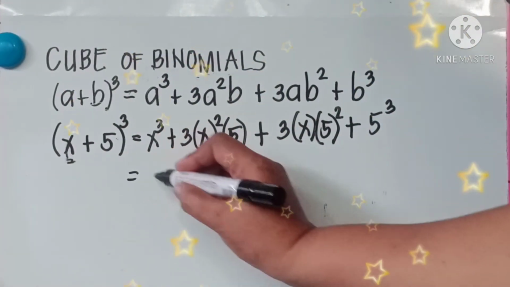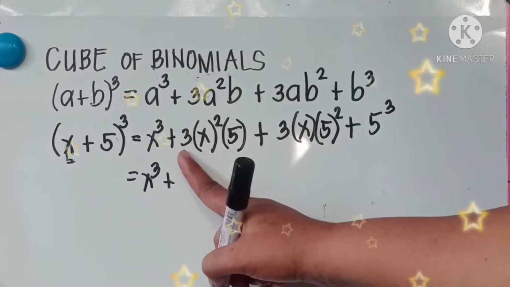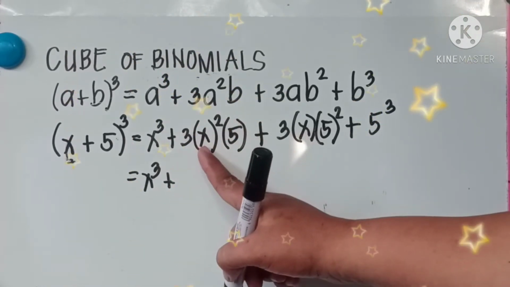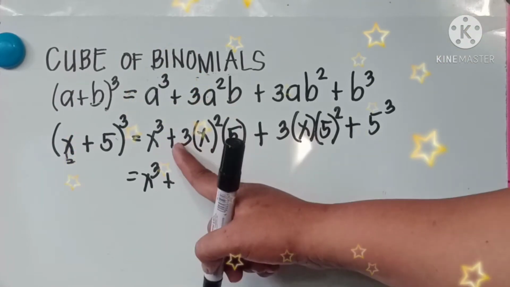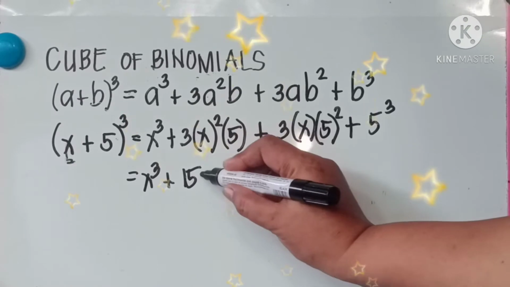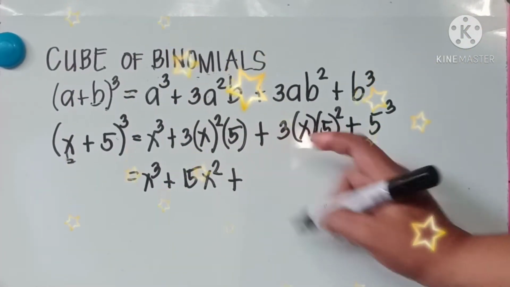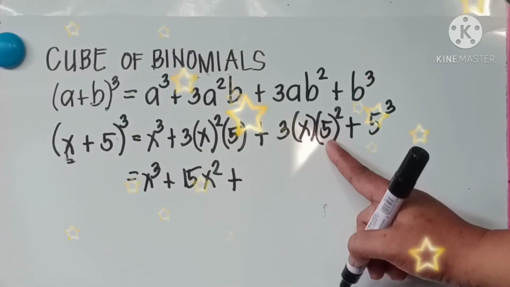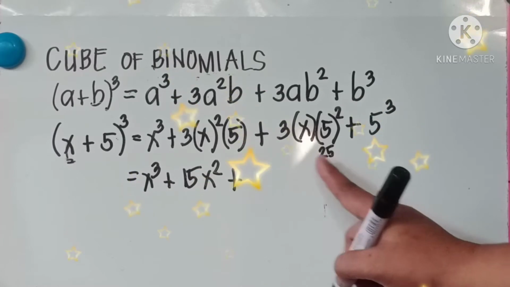So we have now x cubed plus 3 multiplied by the square of x, then multiplied by 5. So 3 multiplied by 5 is 15, then we have x squared. Then plus the square of 5 is 25, then multiply it by 3.